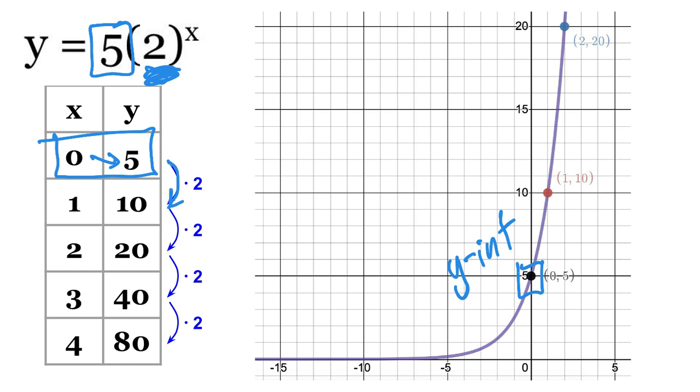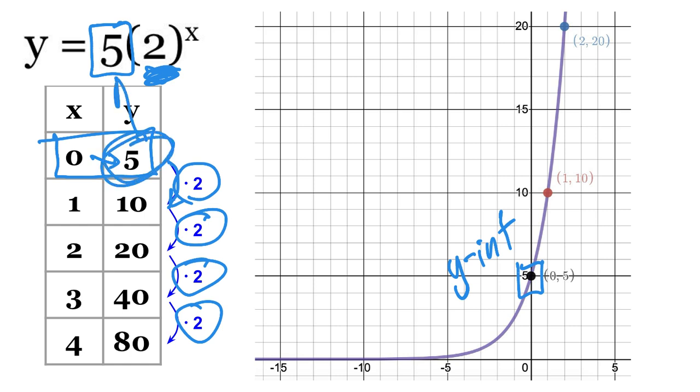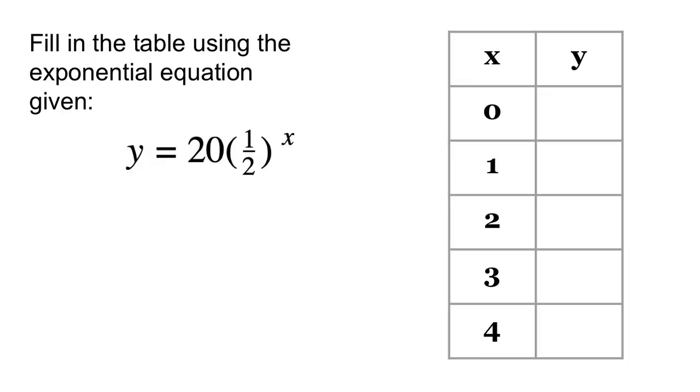That's what these arrows are showing you. That's where this 2 comes from. Multiply by 2. The numbers get bigger as we go down. So it always starts at your initial value, which is right here, the 5, and this is your multiplier of timesing by 2. Starts at and goes by. And you'll notice these coordinates are just from the table that we made over here.